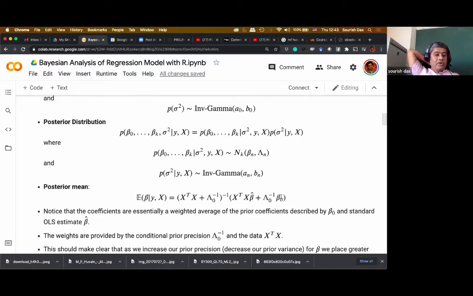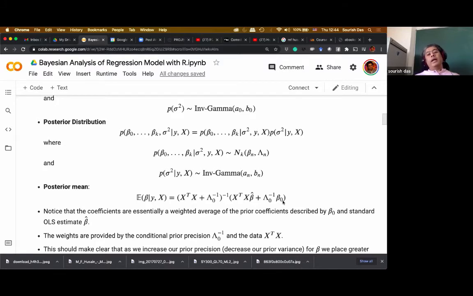You can do the math a bit here, and effectively you can show that, like we did for the simple Gaussian model or the Poisson-Gamma model, where we showed that posterior mean was a weighted average between prior mean and the likelihood estimates. Remember that beta hat is my likelihood estimate, and one can show that in this case also the posterior mean is a weighted average of likelihood estimates and prior mean. Prior mean is my beta naught.